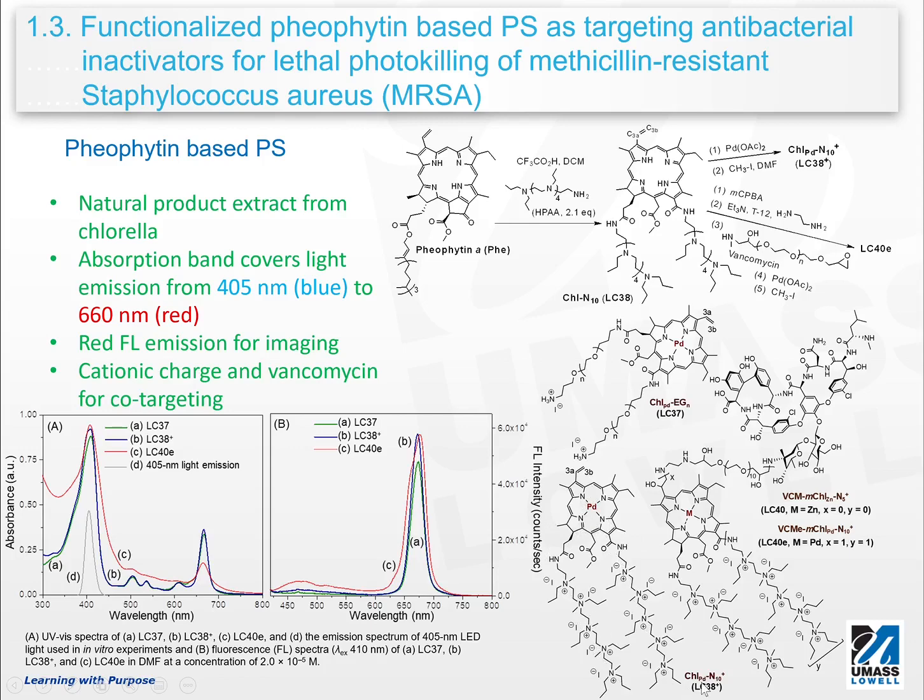So we call it LC38+. And for this structure, based on LC38+, we connect the vancomycin moiety on the other side of the tetrapyrrole ring to make it have both vancomycin and cationic charge, and we call this molecule LC40E.